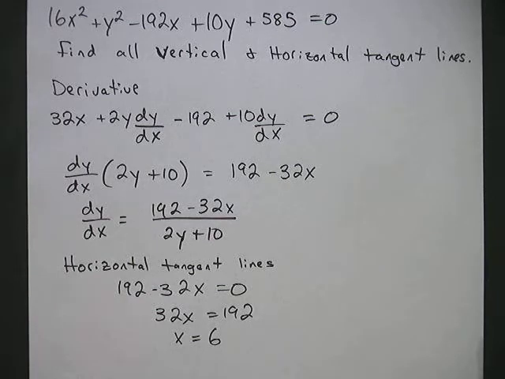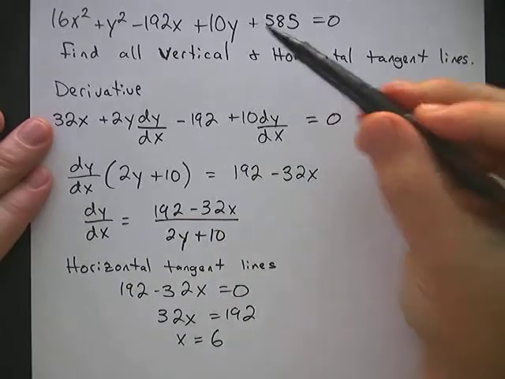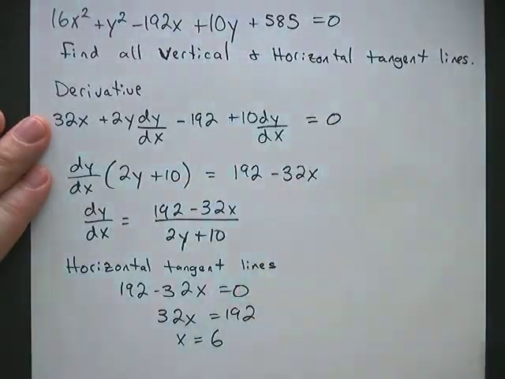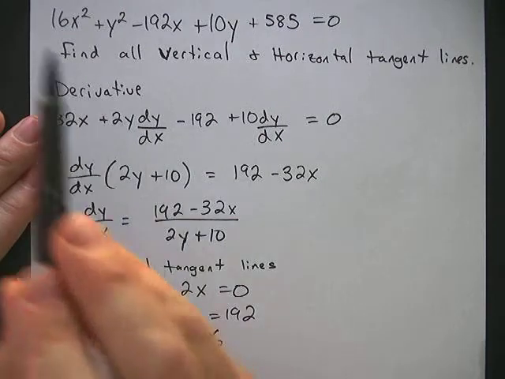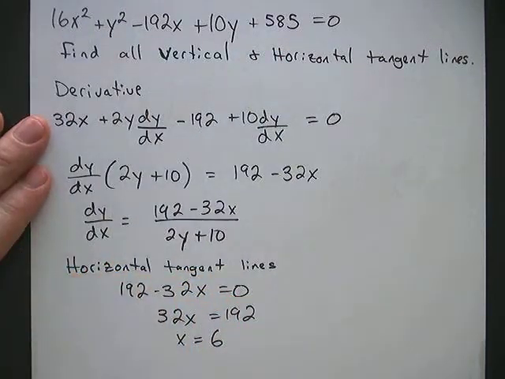Now, what do we do with it? Well, we are looking for horizontal tangent lines. x equals 6 is not a horizontal line, right? That's going to be a vertical line. So we need to find the corresponding y values that go with x equals 6, and that means we have to go back to the original equation, plug this 6 in place of x, and then solve for y.